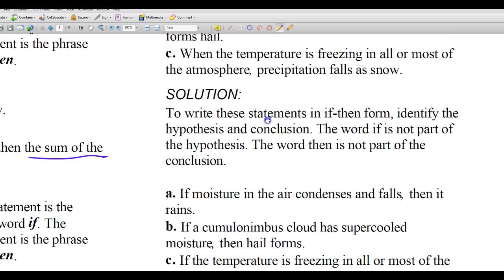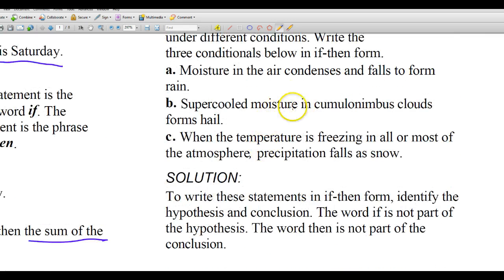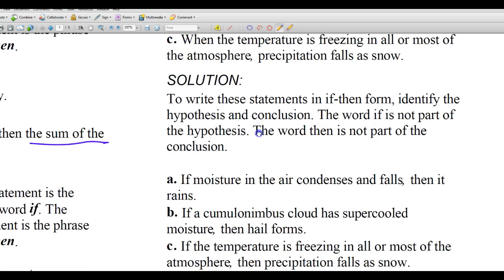So we really had to change the wording around quite a bit there. So once again, supercooled moisture in cumulonimbus clouds forms hail changes to if a cumulonimbus cloud has supercooled moisture, then hail forms.